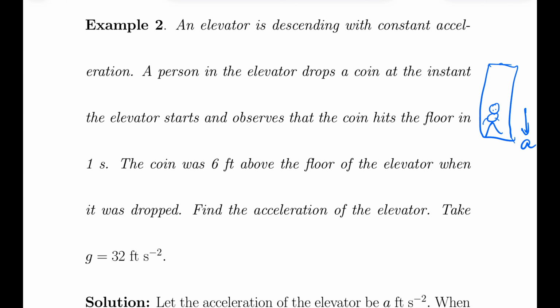At the same time, the lift starts moving downward. Initially, the coin was 6 feet above the floor of the elevator. That means this distance was how much? This was 6 feet. And the coin is found to hit the floor in 1 second. You are required to find the acceleration of the elevator.